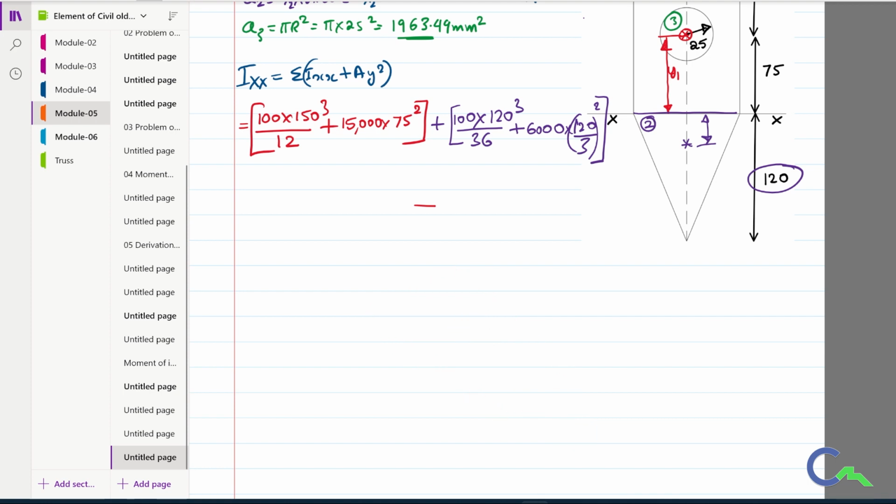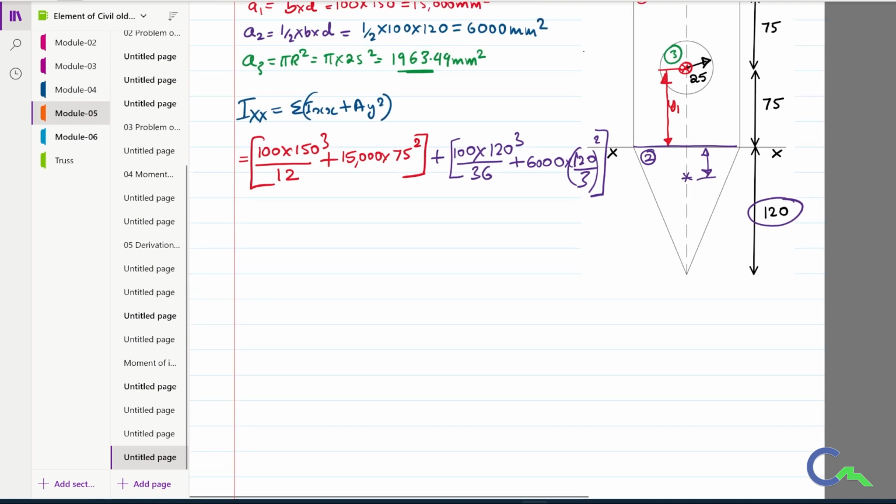So for the moment of inertia of the circle, for the third figure, that is minus pi r to the power 4 by 4, the Ixx value. The r value is 25, r to the power 4 divided by 4, plus the area of the circle, 1963.49. Now this is the y3 distance.